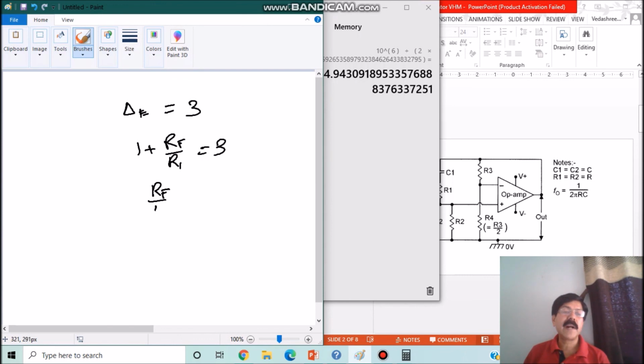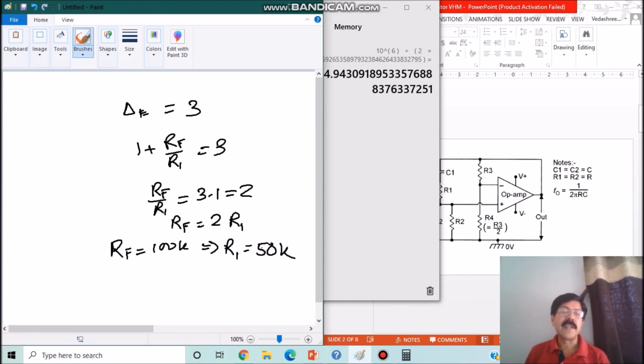It gives me RF upon R1 equal to 3 minus 1, that is 2. So I need to maintain RF equal to 2 times R1. If I keep the value of RF equal to 100k, it gives me R1 equal to 50k. In this way we will be able to design our Wien bridge oscillator.